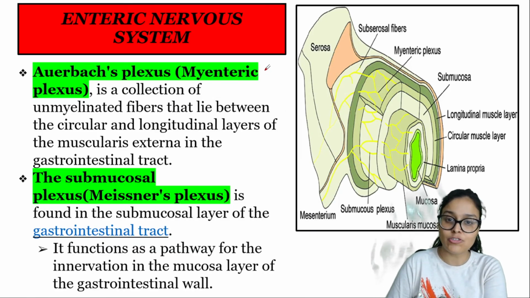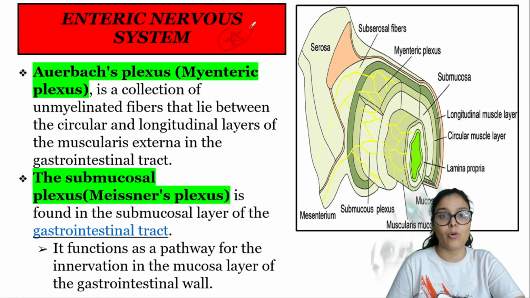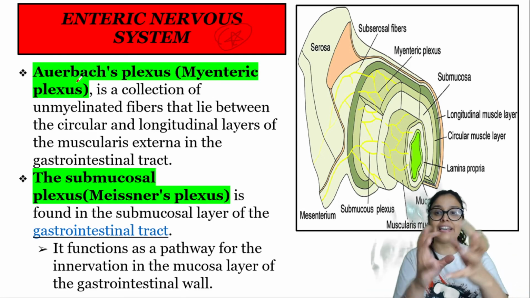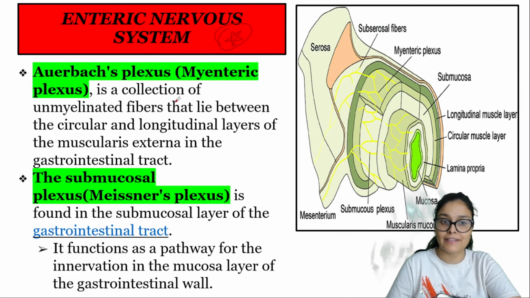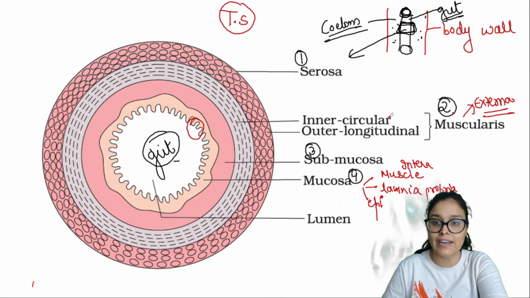Now in a transverse section of the alimentary canal, there is the nervous system also. So there are certain plexuses, meaning collections of nerves. There is a bundle of nerves known as the myenteric plexus. It is the collection of unmyelinated nerve fibers, which is basically present between the circular and longitudinal muscle.